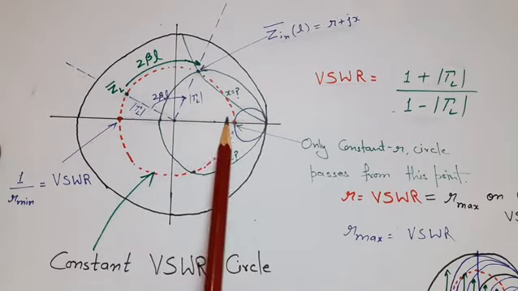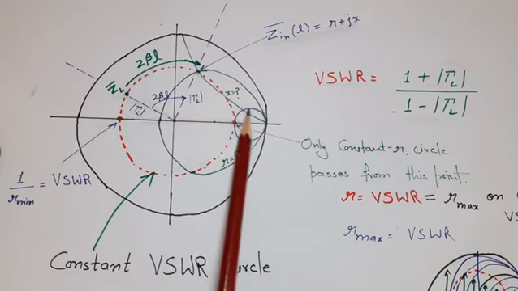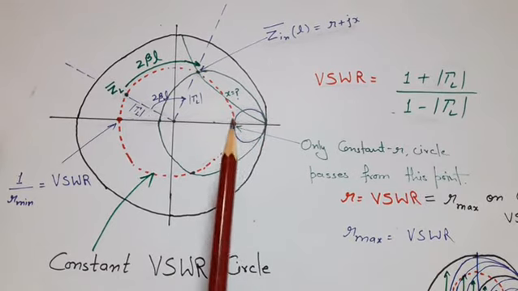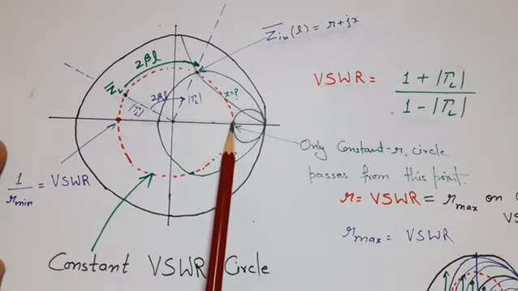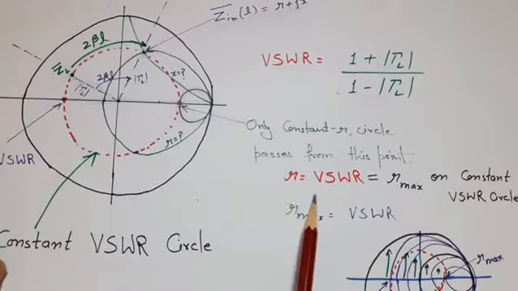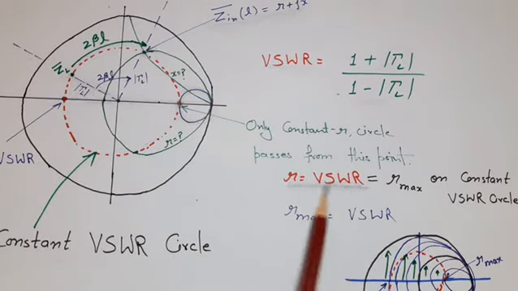So at this point the normalized impedance is purely real because only small r exists. Therefore we just read the constant R circle value which is passing through this point, and the value of the constant R circle passing through this point is the actual value of VSWR. So small r corresponding to this point is equal to VSWR for this magnitude of gamma L.